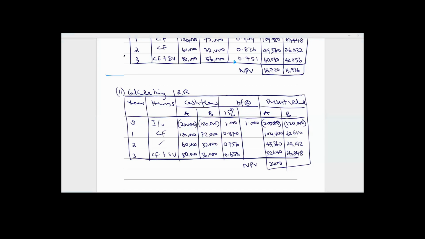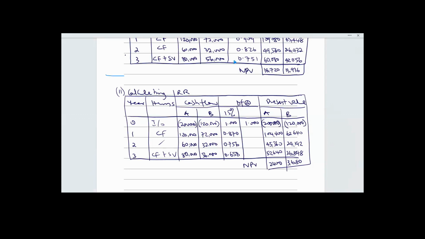So to get NPV, let me redo that: 62,640 plus 24,192 plus 36,848 equal 123,680 minus 120,000. 3,680. So we assume 15% and we got positive NPVs for project A and B.